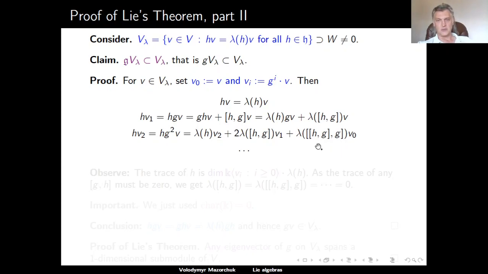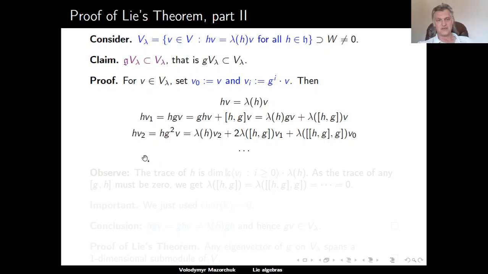On the next commutation, we will have such a double bracket, the commutator of h and g with g applied to v. This gives us again this kind of scalar. And we have two commutators here, so we take away two powers of g.